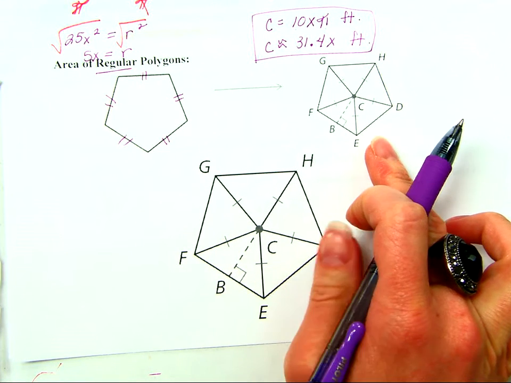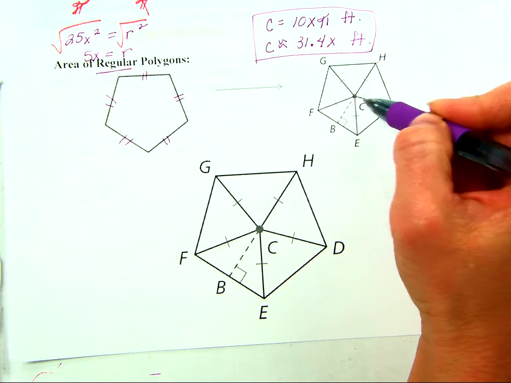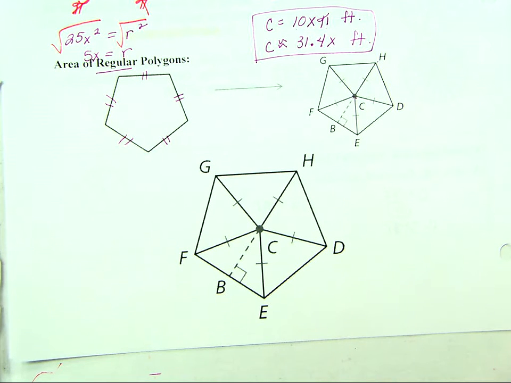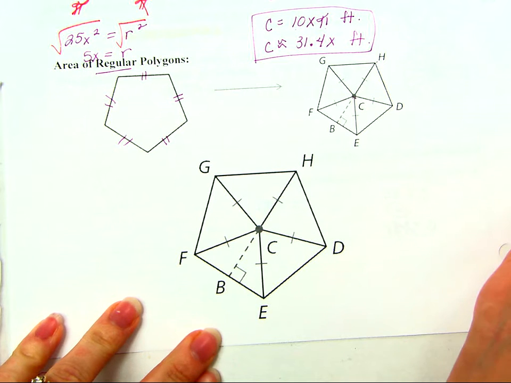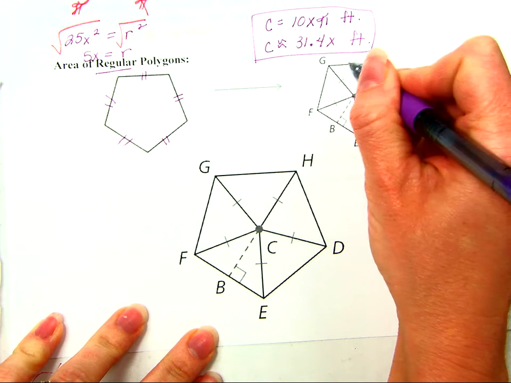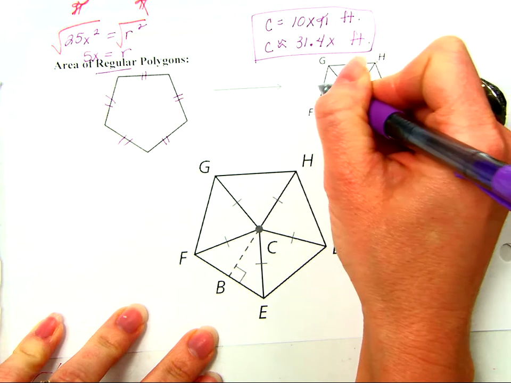Now, when I split those up and I look at the distance from C to H or C to D or C to E, all of those segments are going to be equal in length. Similar to a radius, right? But it doesn't necessarily mean that these segments are equal to the side lengths. In this case, they are not going to be.